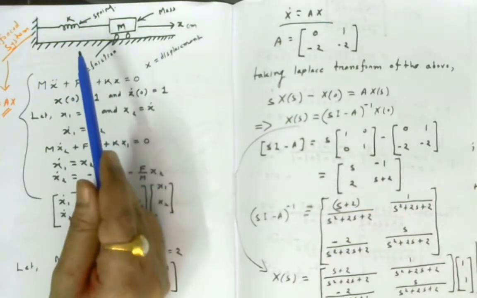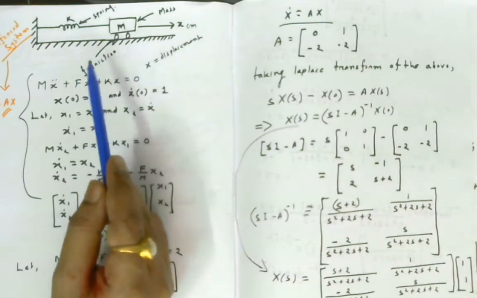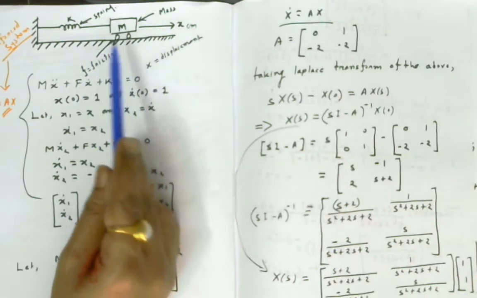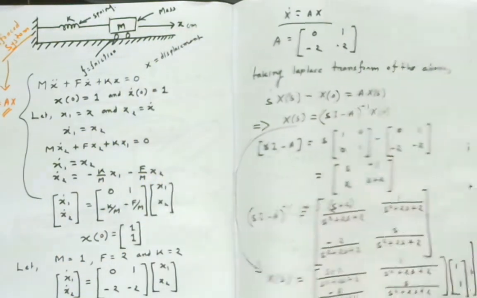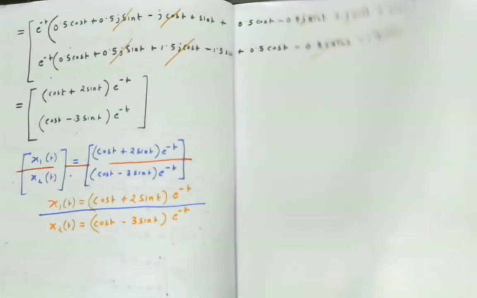I'm also going to establish the concept of asymptotic stability in the sense of Lyapunov with respect to the same example.